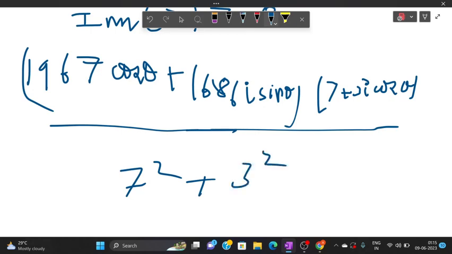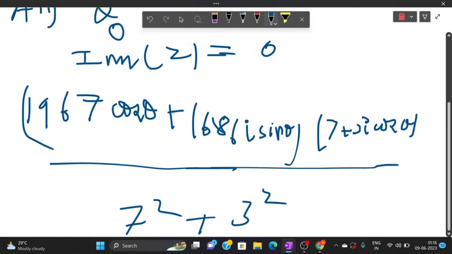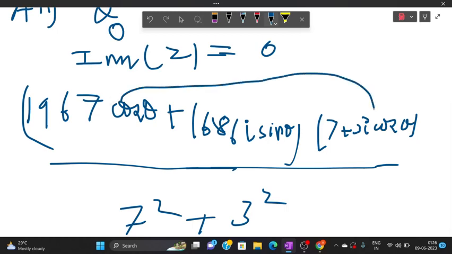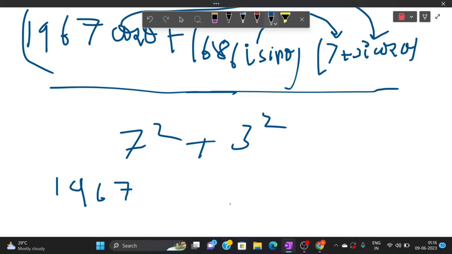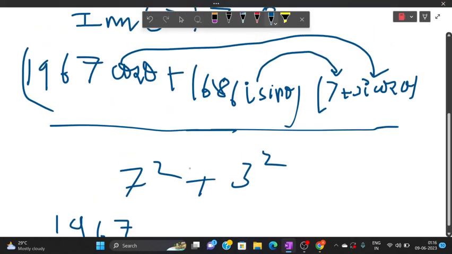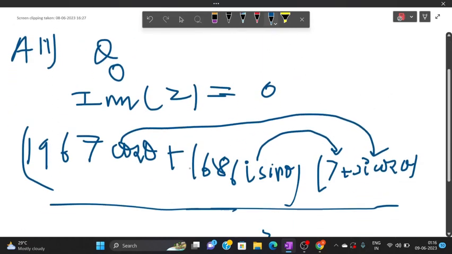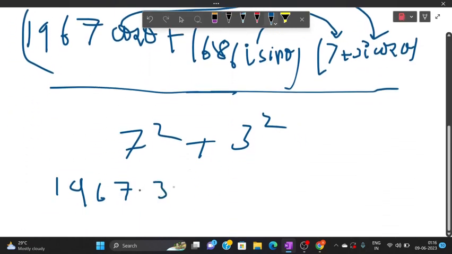अब now we will see the imaginary part of this expression. So take all the terms which are having an iota in it. So this multiplied with this will give us an imaginary number, and this multiplied with this will give us an imaginary number. So we must have that 1967 into 3 cos theta plus 1686 into 7 into sine theta.